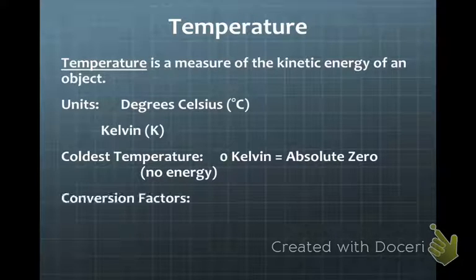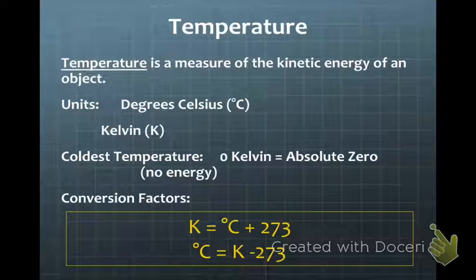That's absolute 0. The conversion factors are that when you want to calculate for Kelvin, it's Kelvin equals whatever the temperature in Celsius plus 273. And if you want to convert from Kelvin to Celsius, you're going to do K minus 273.